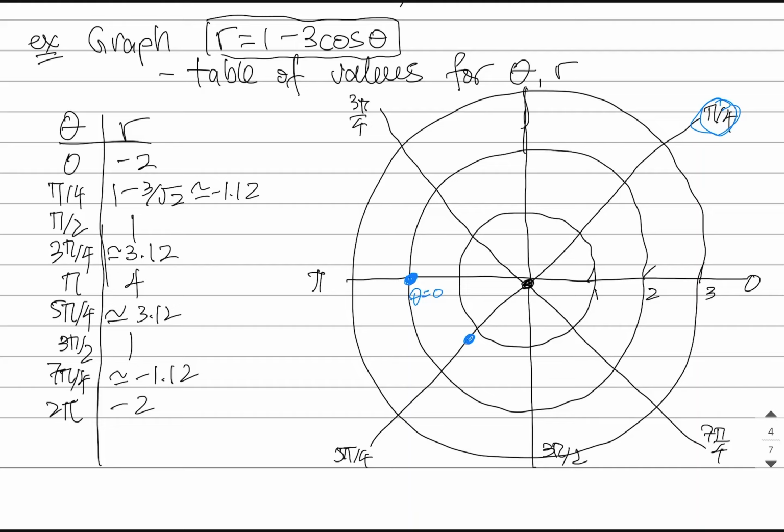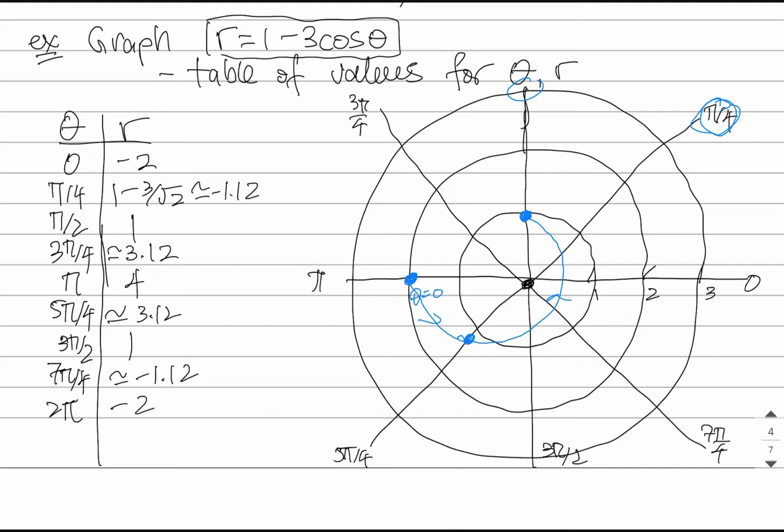When I'm at pi over 2, now I have a positive radius, and my radius is 1. So if I play connect the dots, I've started there, sweeping through. As my angle increases to pi over 4, I make my way down there. As my angle keeps increasing to pi over 2, now this point has to somehow come up there.